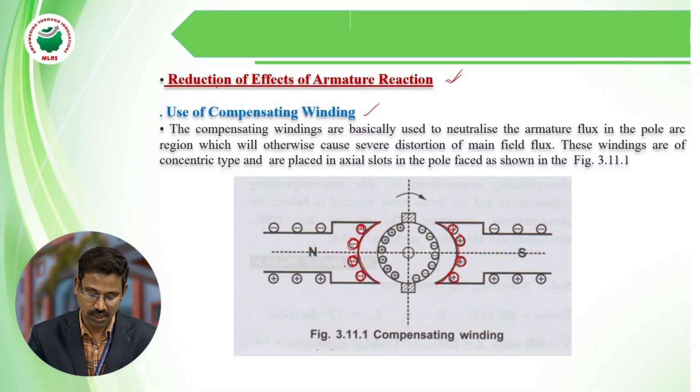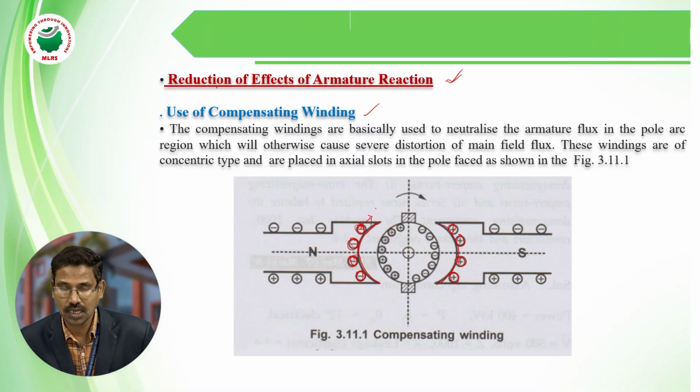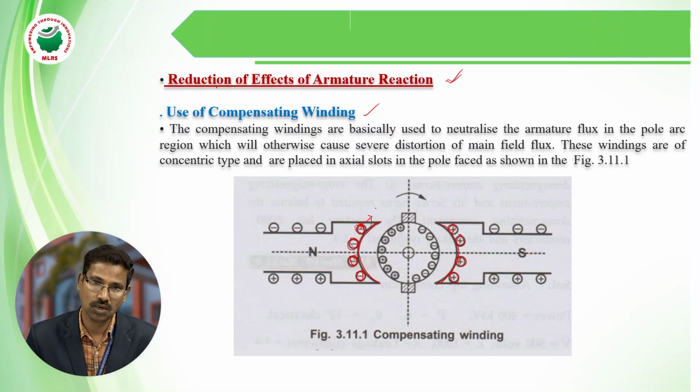This compensating winding is connected in series with the armature winding in such a way that the current flowing in the compensating winding produces flux quite opposite to the armature flux, in order to neutralize the armature flux.